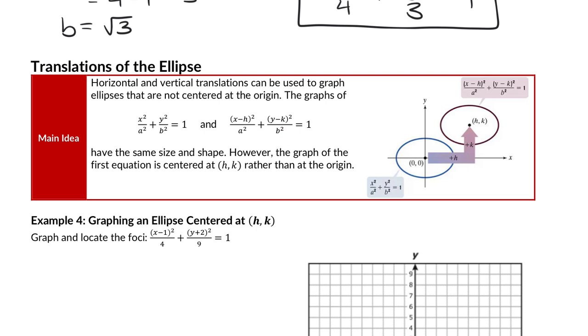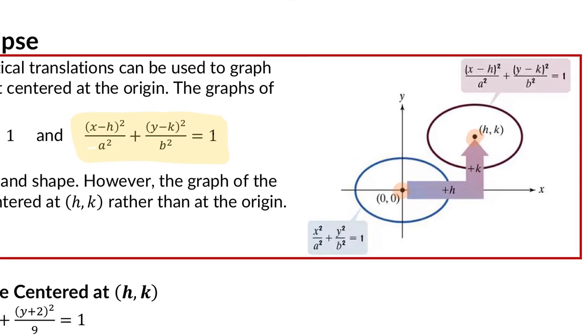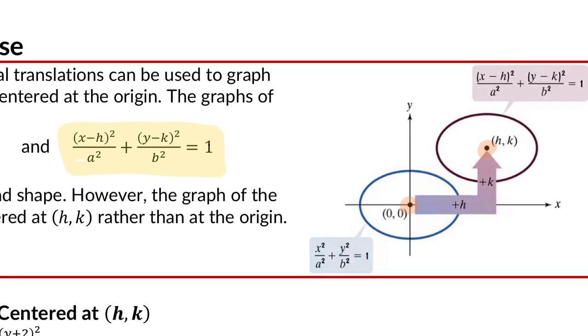I would highlight this one in yellow, but then on the inside, we're going to highlight the coordinate points that create the center. If you notice, the center of this picture goes from 0, 0 to the coordinate point h, k. Where are they getting the h, k from, you ask? Great question.